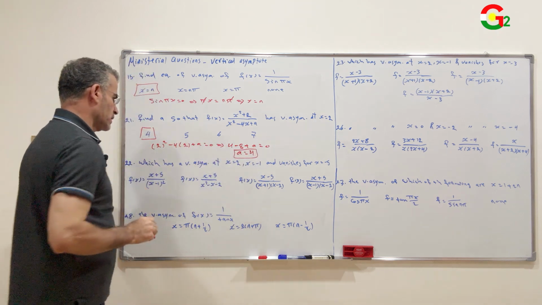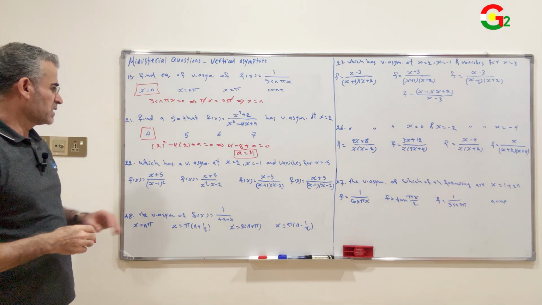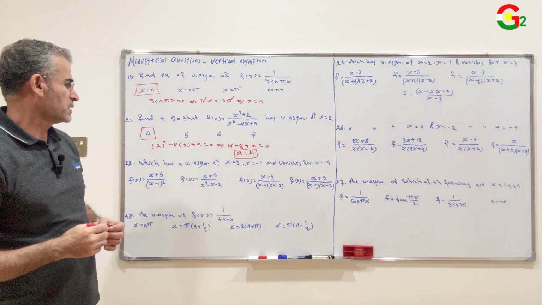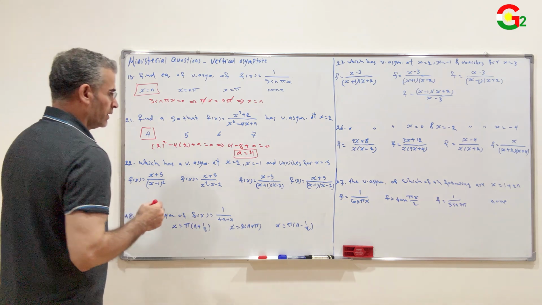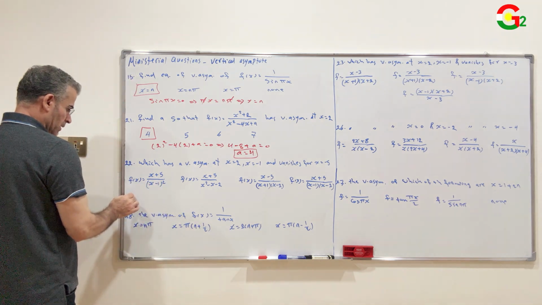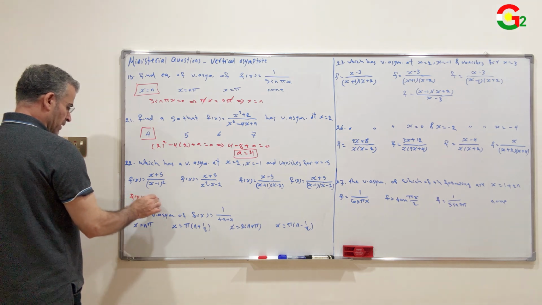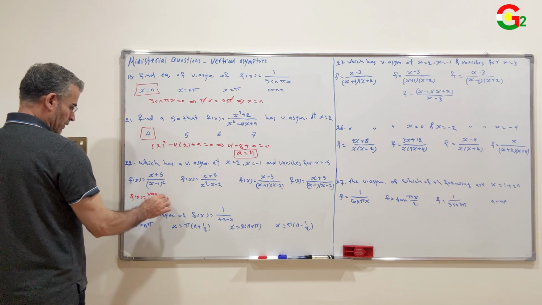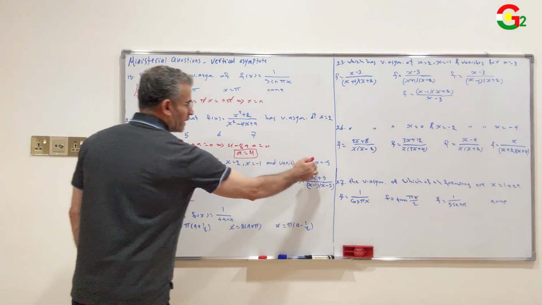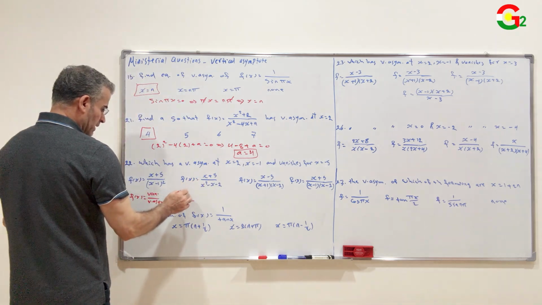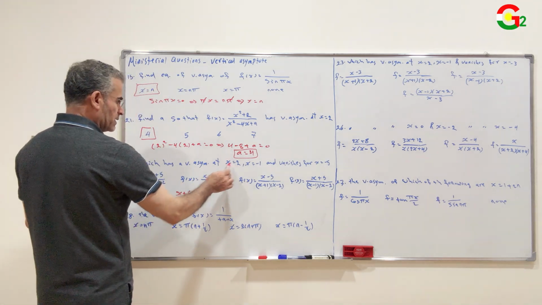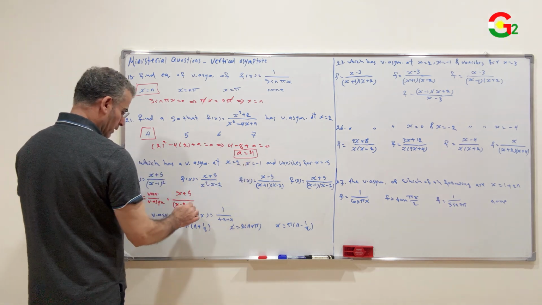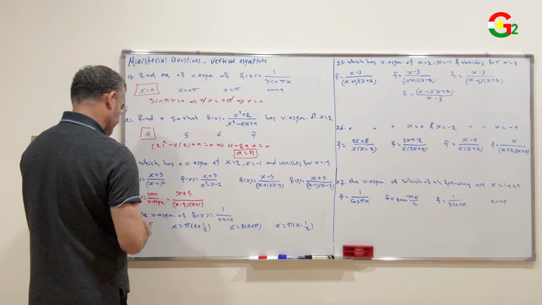The right choice is A. Which has a vertical asymptote at x equal 2, x equal negative 1, and vanishes for x equal negative 5. The rule is that a function vanishes over the vertical asymptote, so for x equal negative 5 the bracket is x plus 5, over x equal 2 the bracket is x minus 2, and x equal negative 1, the bracket is x plus 1.